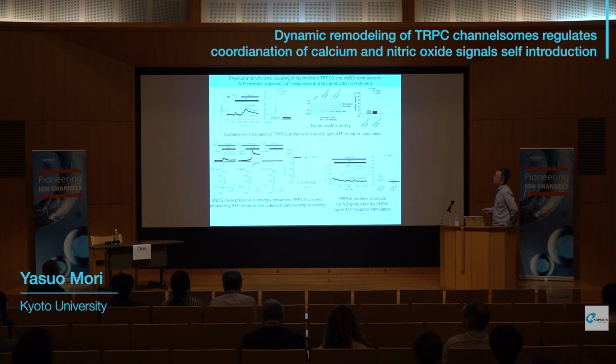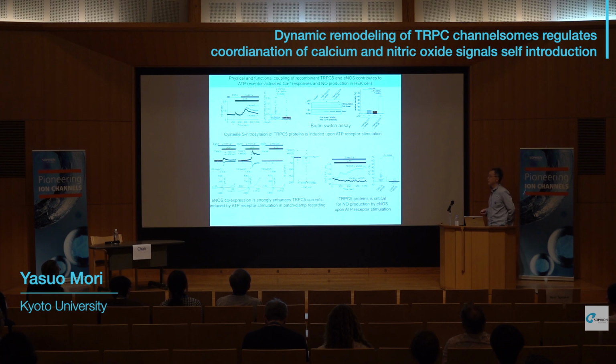And in TRPC5 and eNOS co-expressing cells, of course, the eNOS inhibitor inhibited the calcium influx activity, mainly mediated by TRPC5. And also in biotin switch assay, this nitrosylation pattern was only observed when these two components, TRPC5 and eNOS, were co-expressed, but not in HEK cells expressing TRPC5 alone.